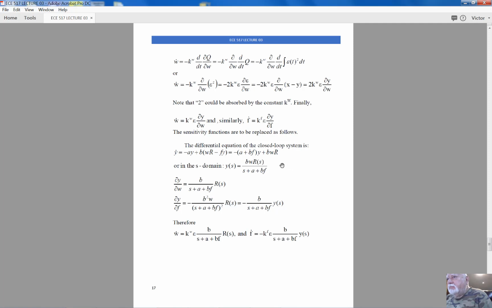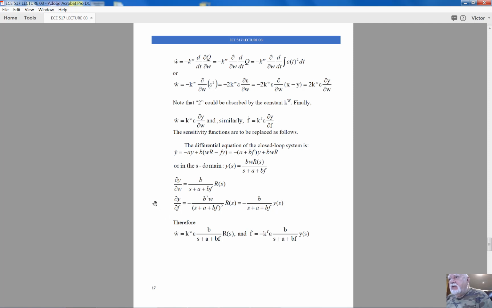Now, what I would like to do is get rid of the sensitivity functions. So this is the expression for the derivative of the output, and if I rewrite this expression, we get this expression for the output.